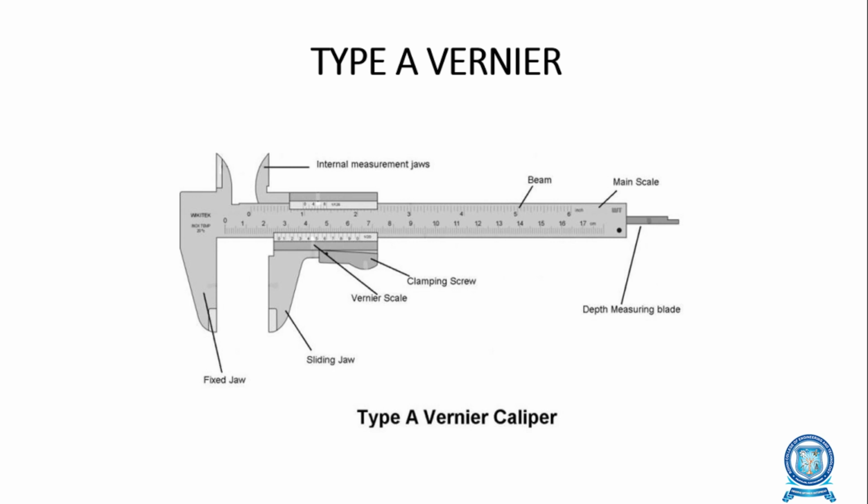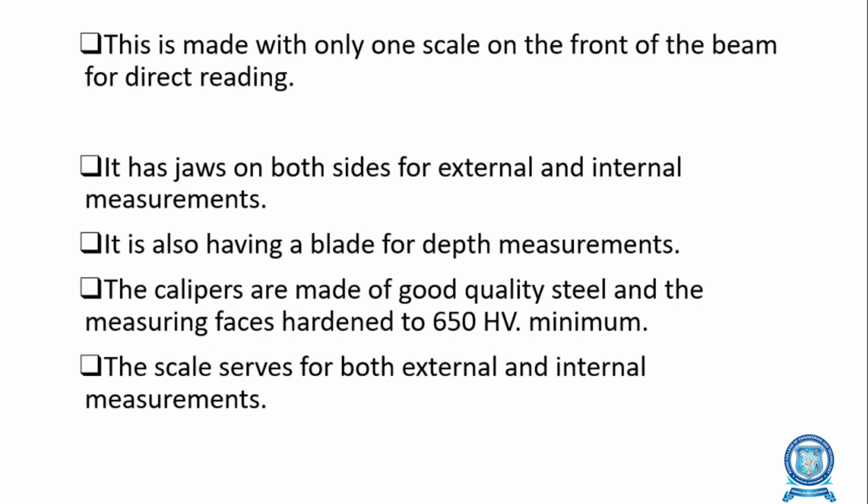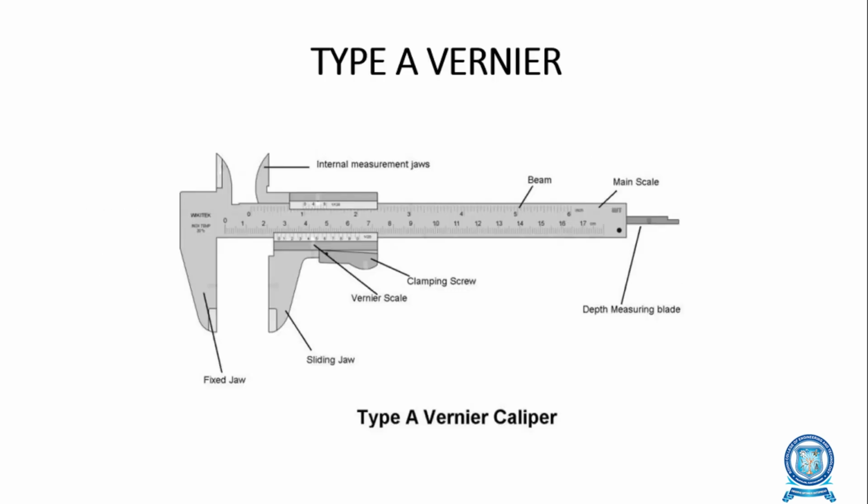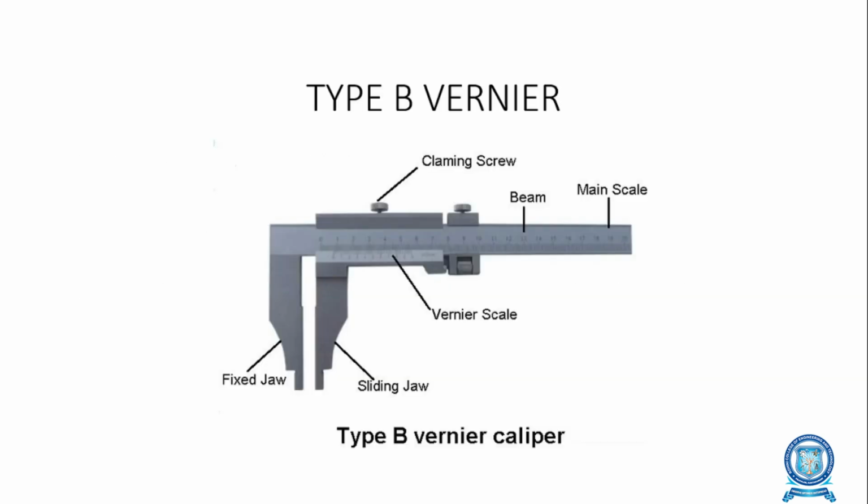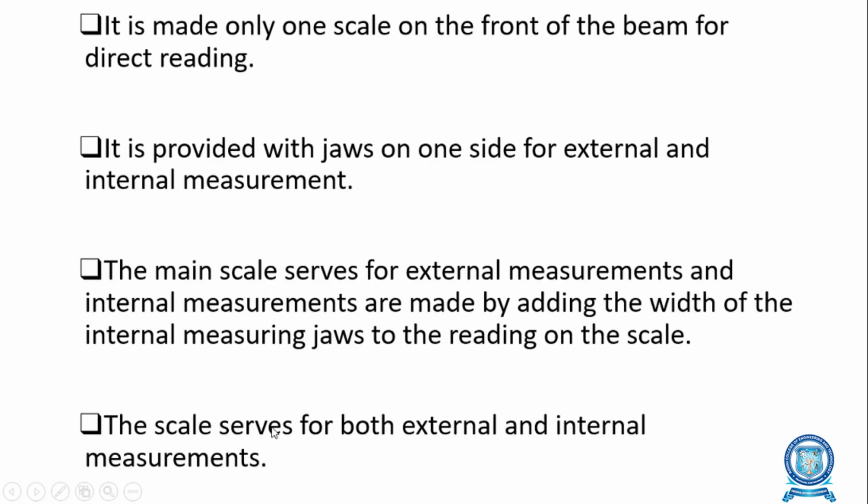Then here is a type B vernier caliper. Here the internal measuring jaws and external measuring jaws are on the same side of the vernier caliper.